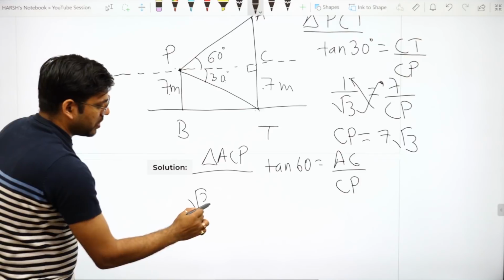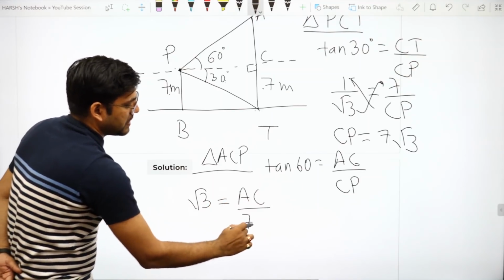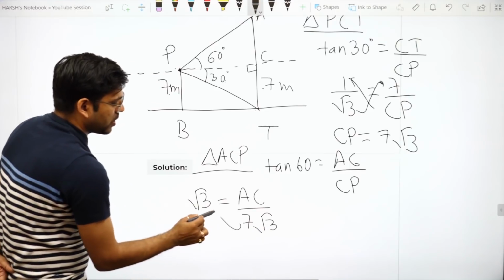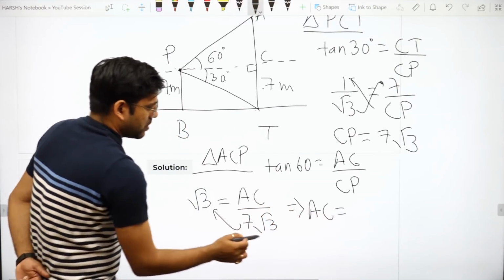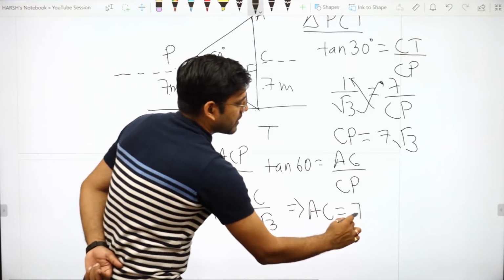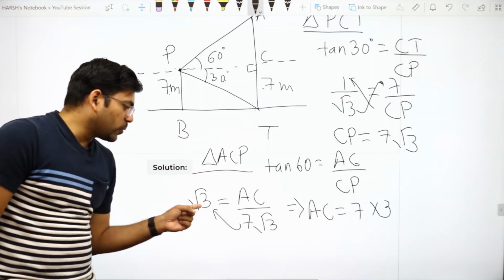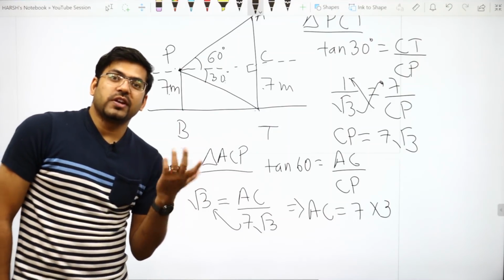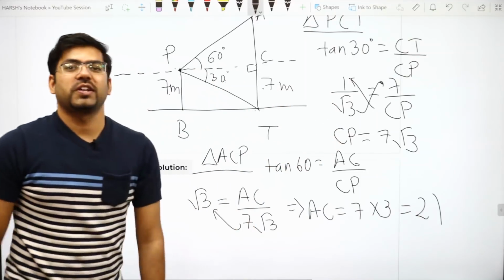Tan 60 is root 3, which is equal to AC, we do not know, divided by CP, and we know CP is 7 root 3. Now do the cross multiplication. AC is equal to 7 root 3 into root 3, that is 7 into 3. Writing it directly because root 3 into root 3 is nothing but 3. So 7 3s are 21. So this is 21.